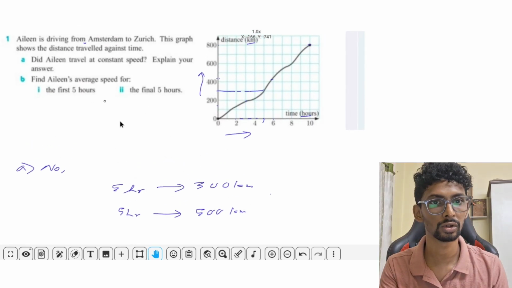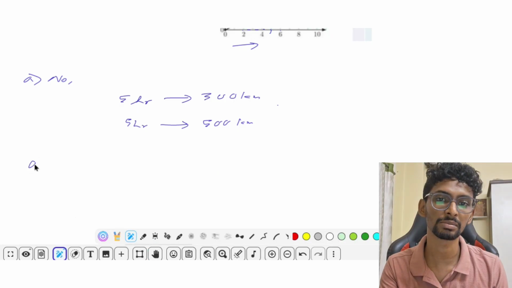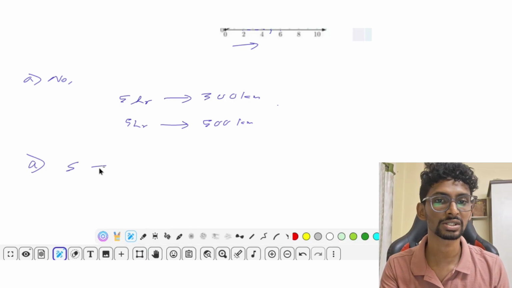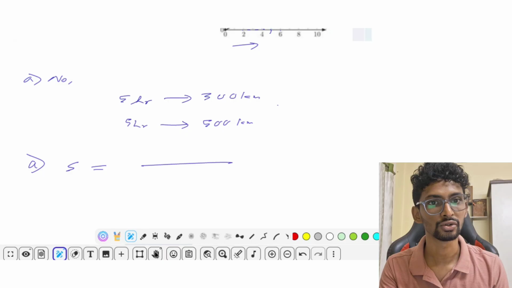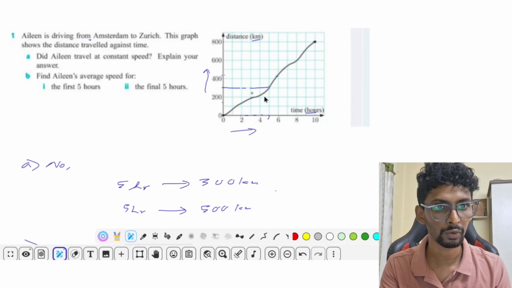Again we have to do the same thing. For speed, change in distance by change in time. For 5 hour, this is the coordinate 5 comma 300.